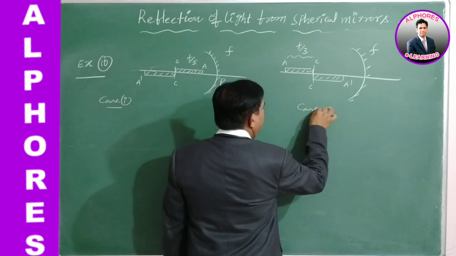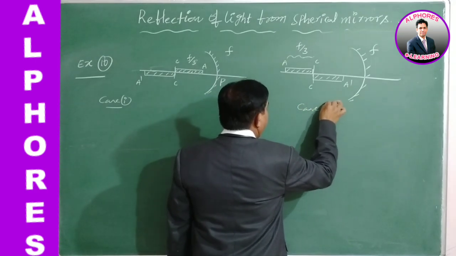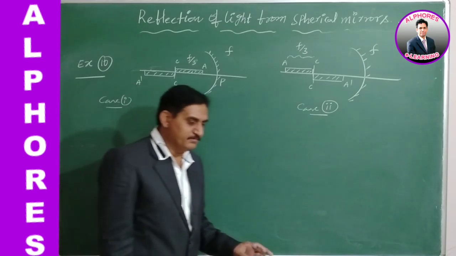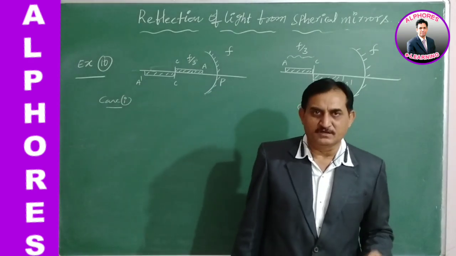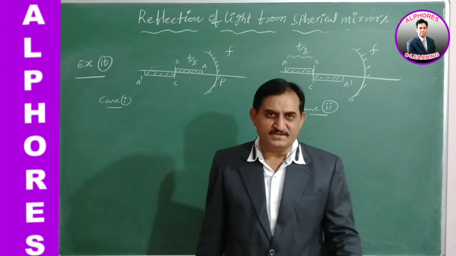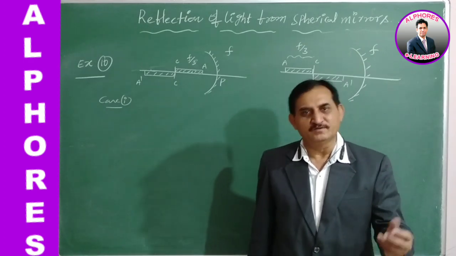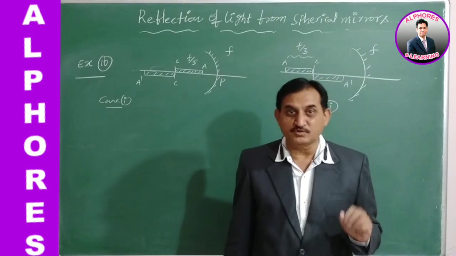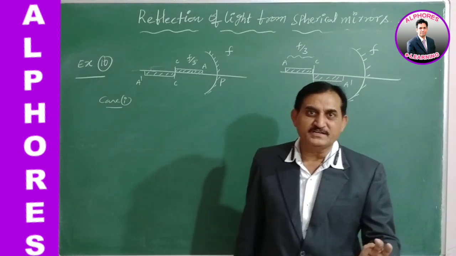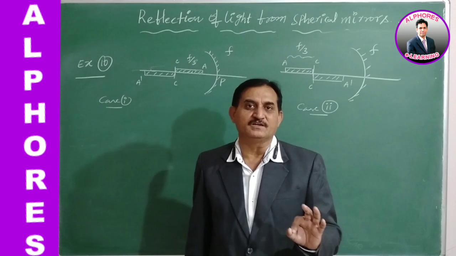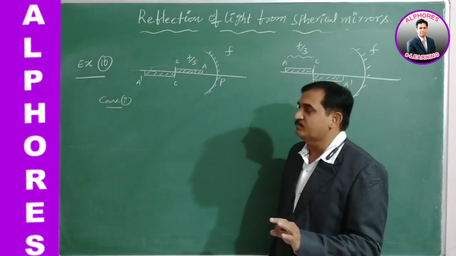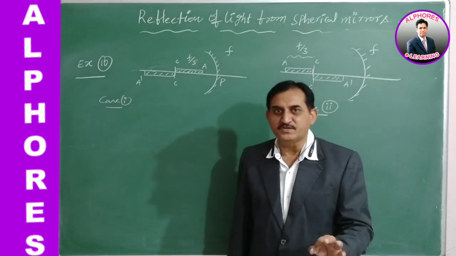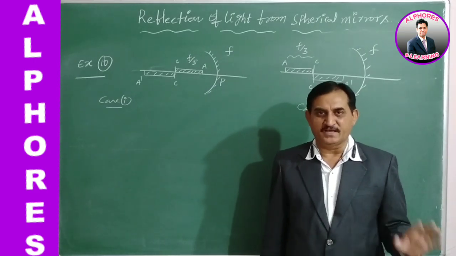Why are we taking these two cases? In the problem it was not clearly mentioned whether the object is closer and the image formed far away. Only one point is mentioned: that the image formed by this concave mirror touches the object when kept along the principal axis.